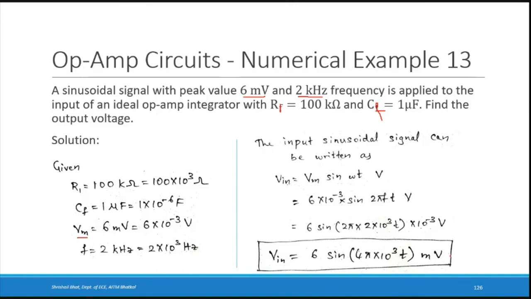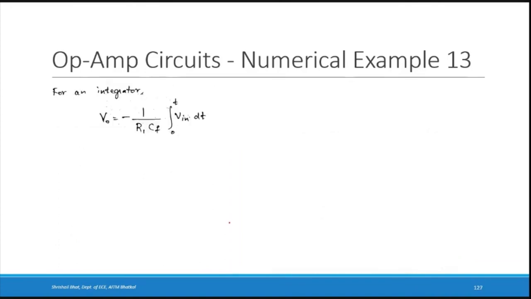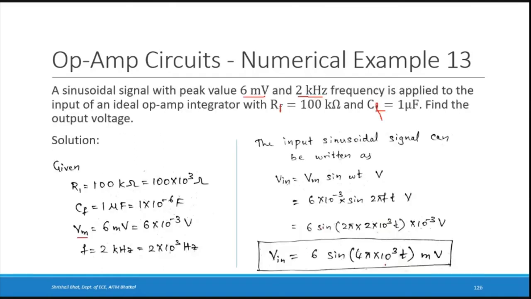Now the output of an integrator, you know the formula. What is the output of an integrator? It is V0 equal to minus 1 divided by R1 into CF, into the integration of Vin with respect to t, and the limits you have to take from 0 to t. So here, in place of Vin, substitute this particular expression.